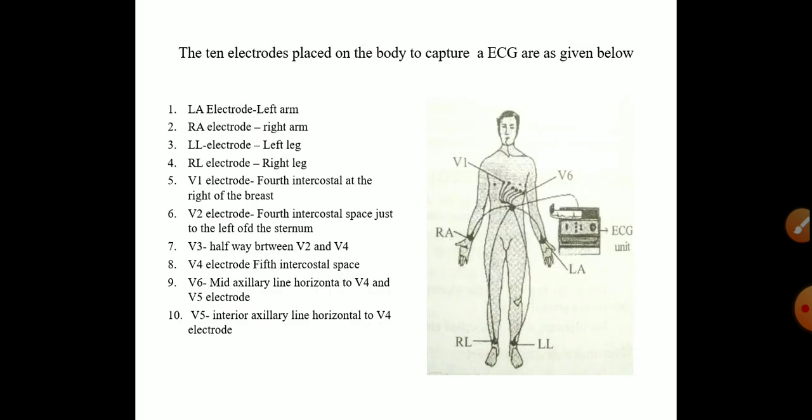Now the 10 different electrodes which are placed at different places on the skin are left arm electrode, right arm electrode, left leg and right leg electrodes, and V1, V2, V3, V4, V5 and V6, which are the electrodes situated around the left chest at different positions.